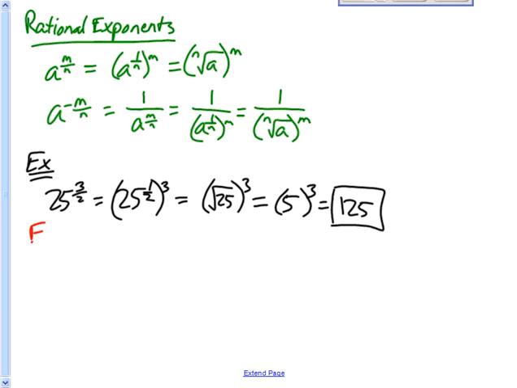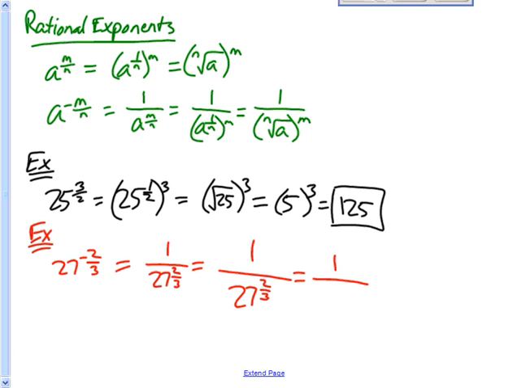Let's do another one. How about 27 to the negative 2 thirds? Well, run that negative exponent definition. So 1 over 27 to the 2 thirds, right? So that's 27 to the 1 third squared.